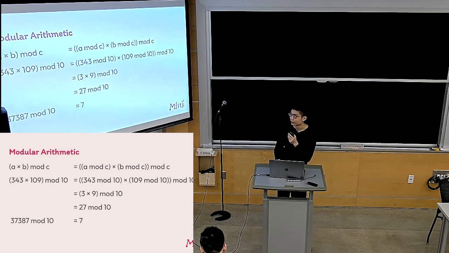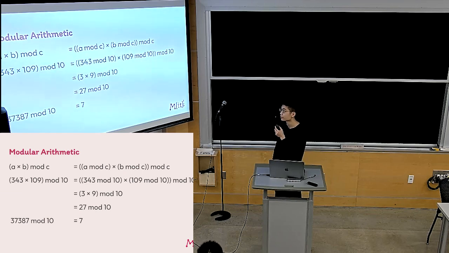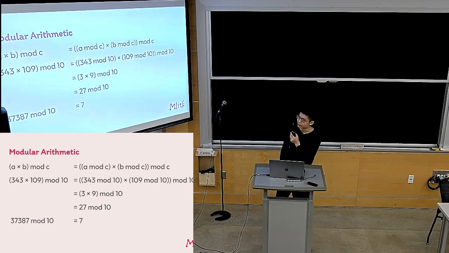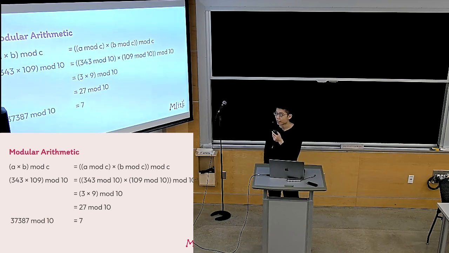This gets more important when you have really large numbers. So you guys might have seen this trick before where there's a math problem and it's compute the last digit of this big product. And then the trick is that you can just look at the last digit of each of the numbers.